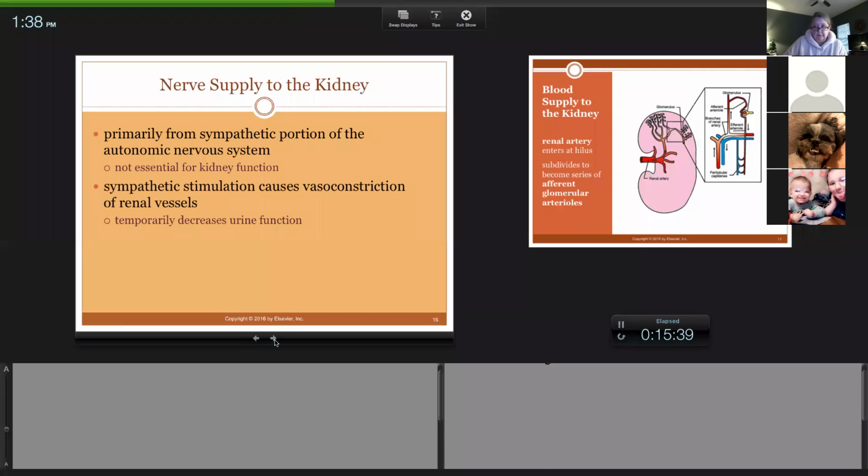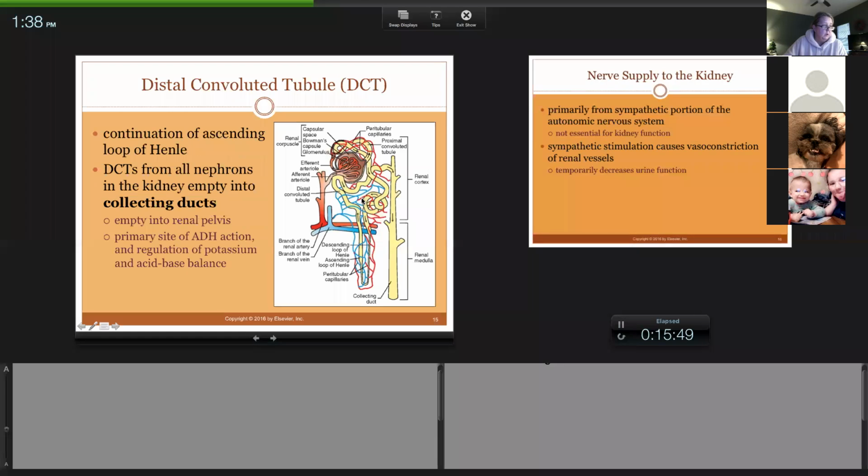So now I'm going to continue to talk about things, but I want you to understand what's happening as stuff is moving. Let me back up a second. When you look at this picture, your blood, red blood cells, white blood cells, platelets, proteins, are pretty much in the bloodstream.